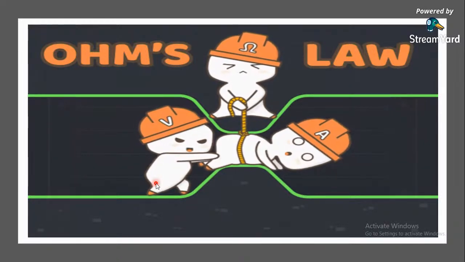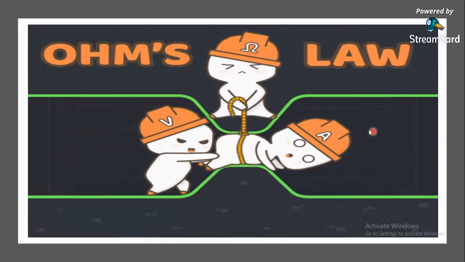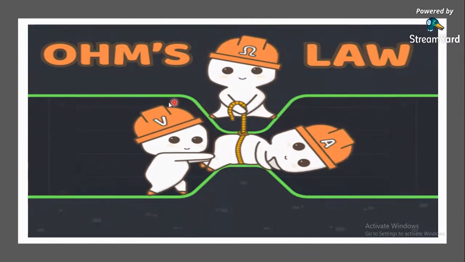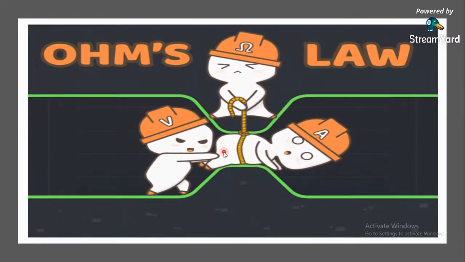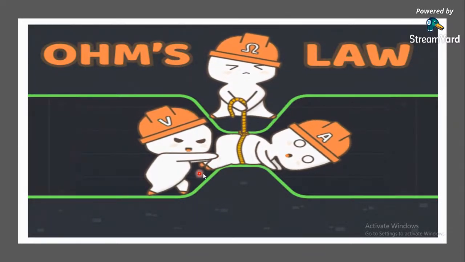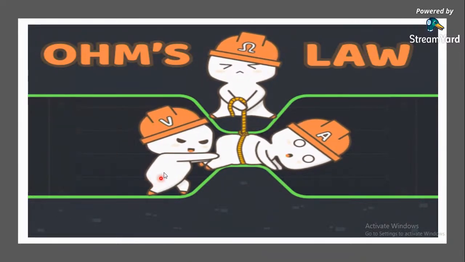So siya yung tumutulak sa mga charges para dumaloy si current. So, ibig sabihin, once na malakas ang pagtulak ni voltage, of course, mabilis din nakakadaloy si current. So, katulad nung sinabi ko kanina, pag mataas si voltage, mataas din yung pagdaloy ni current.